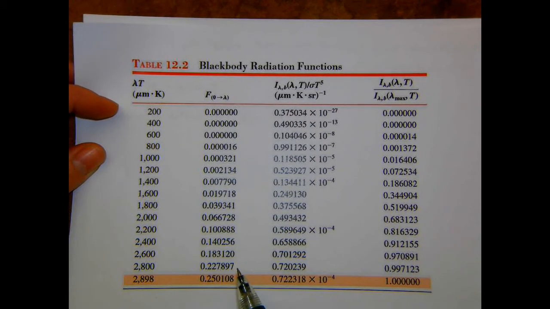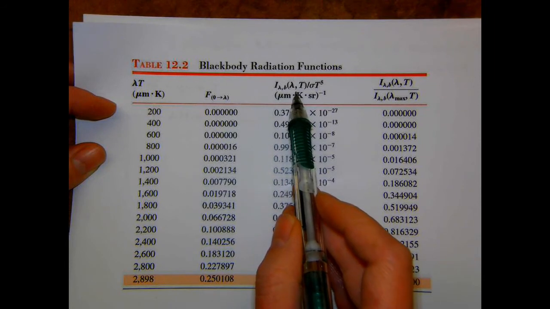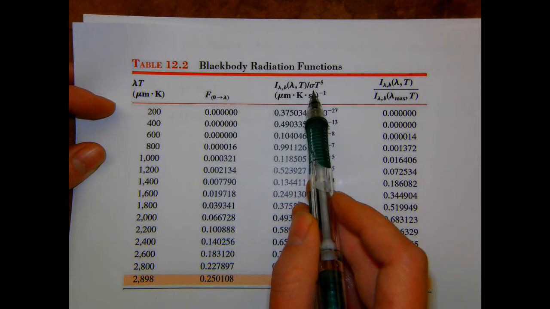So it's useful to be able to use this table to know how much radiation is in, say, the bottom 10% of the wavelength band or the top 10%. Another useful thing included in the table is the black body intensity divided by sigma times T to the fifth.